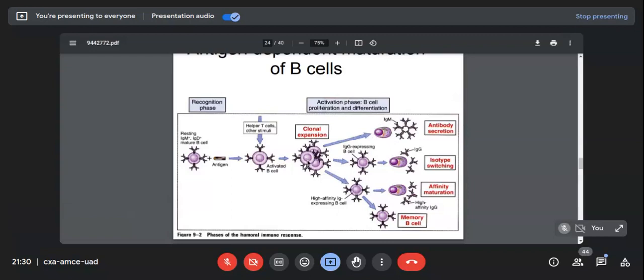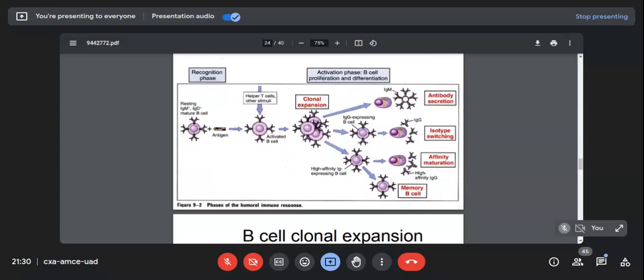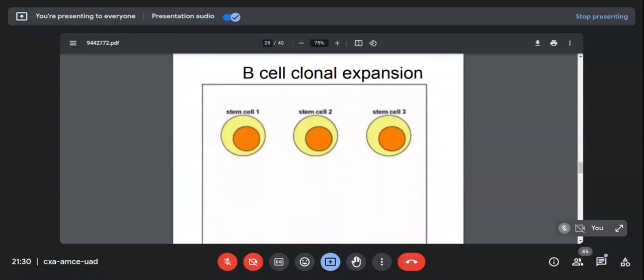That's a plasma cell. If it decides not to secrete its antibodies, it will do what we call isotype switching, meaning from having antibodies M and D, it's going to have antibody G, antibody E, antibody A. So those are some of the facts you must take note of under B cell maturation.